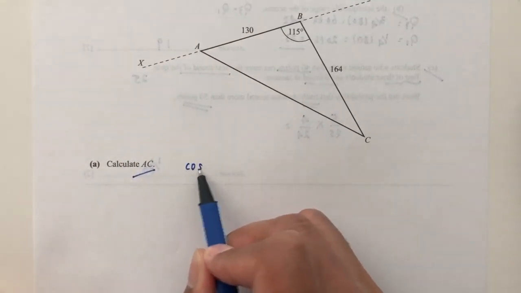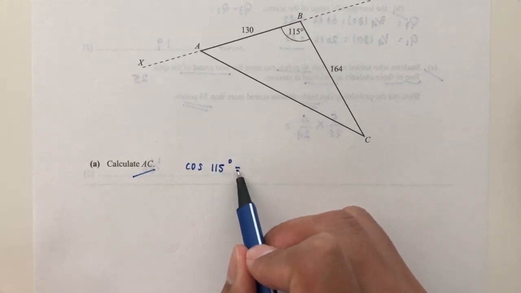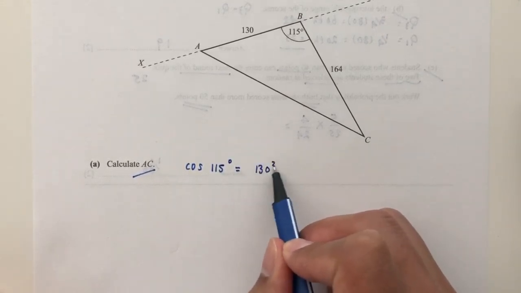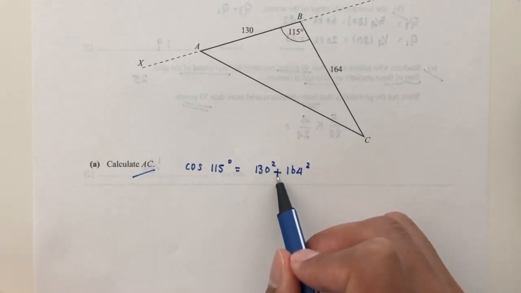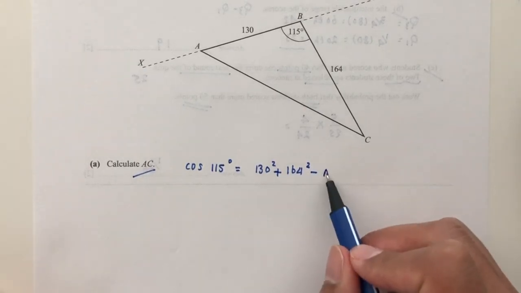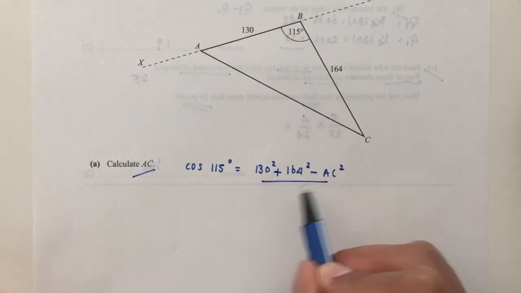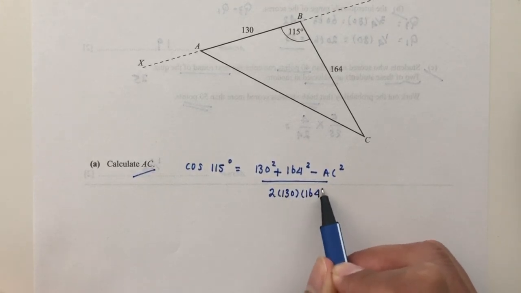So cosine of 115 is equal to 130 squared plus 164 squared minus AC squared, divided by 2 times 130 and 164.